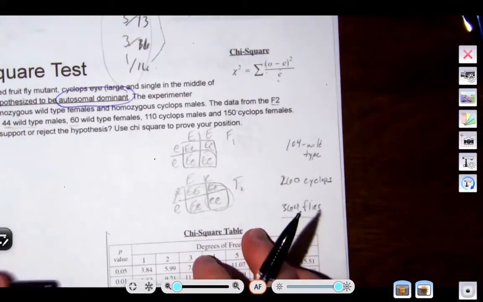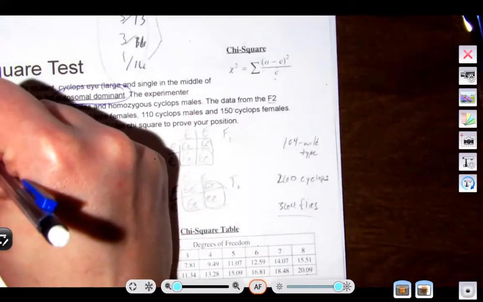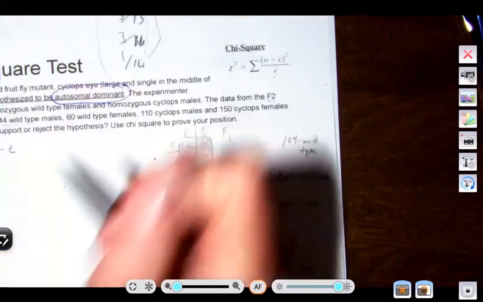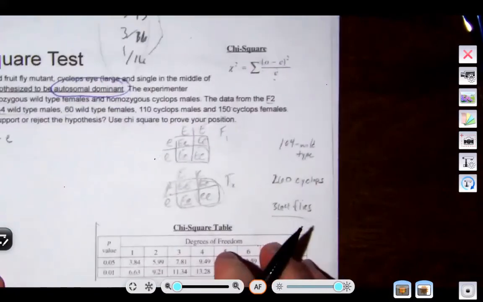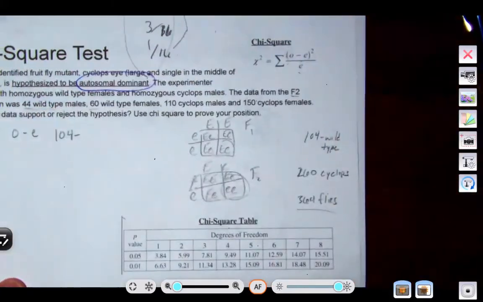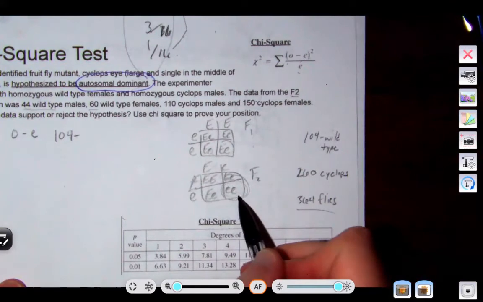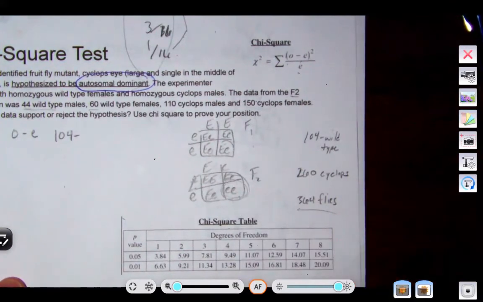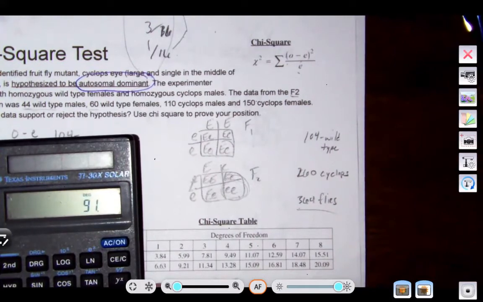So now we do our chi-squared. Our observed minus expected. Our observed is 104 wild type minus our expected, which is going to be 1/4, 25% of 364, which is 91.